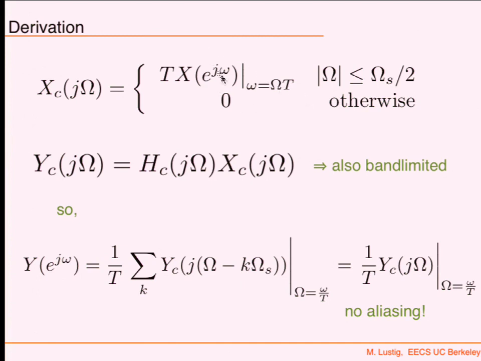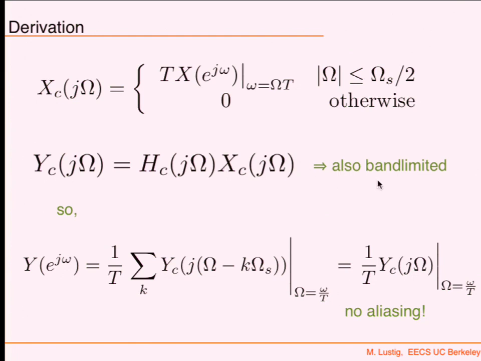The relationship between omega now is just depending on the sampling rate. Okay. What is our sampling rate? What is T? Now, what is Y_c(jΩ)? That is the multiplication of the frequency response of the system with the frequency response of our signal.